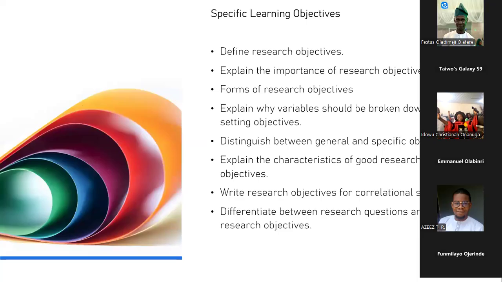Then we will explain why variables should be broken down before setting objectives. From there, we are going to move to distinguishing between general and specific objectives. And also, if time permits us, we will look at the characteristics of good research objectives. Then we learn how to write objectives practically for correlational studies.